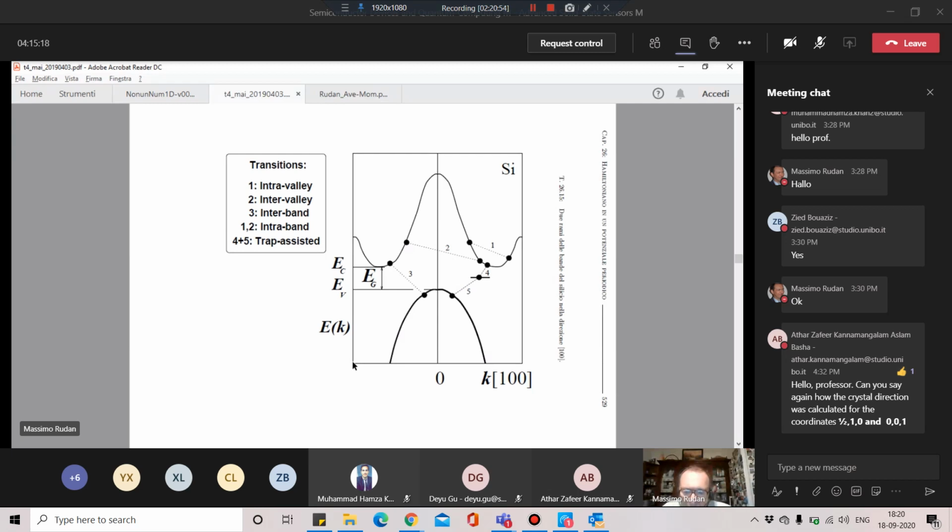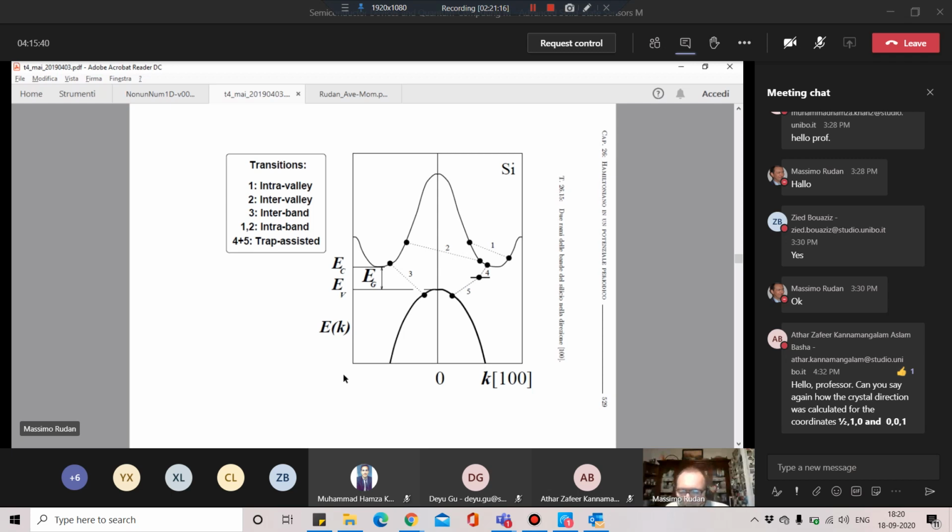The total is 6, you remember, of the Brillouin zone. So the horizontal segment of the K vector is the portion of the axis that is limited to the Brillouin zone.